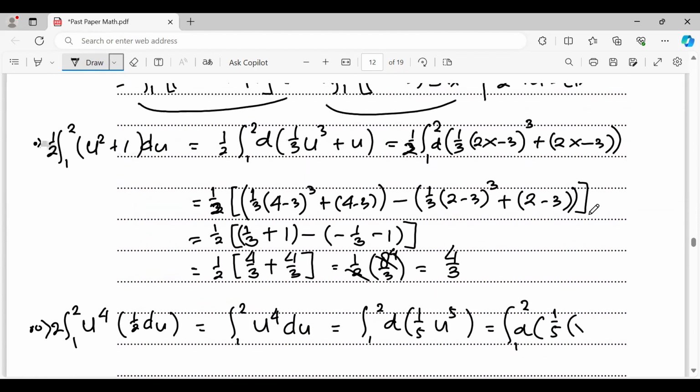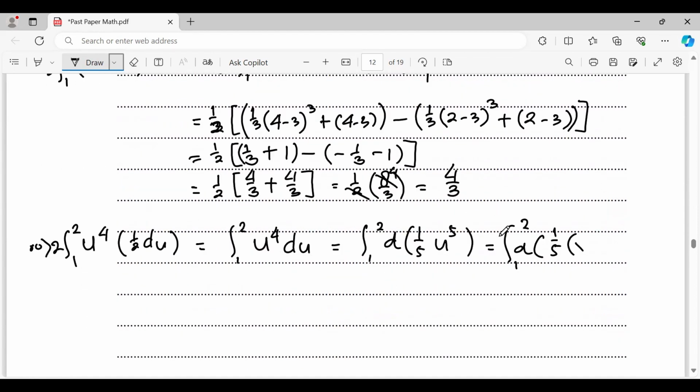Sorry, I'm going to check first. 2x minus 3. Right. X minus 3. After that, substitute 2 and 1. Substitute 2 and 1 being 1/5 times 2 times 2 minus 3 minus 2 times 1 minus 3.